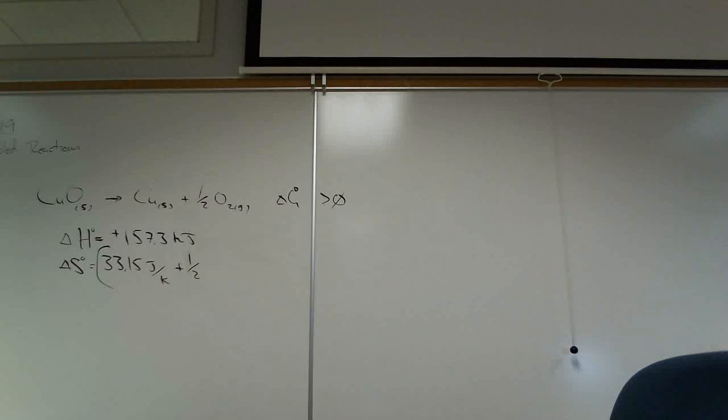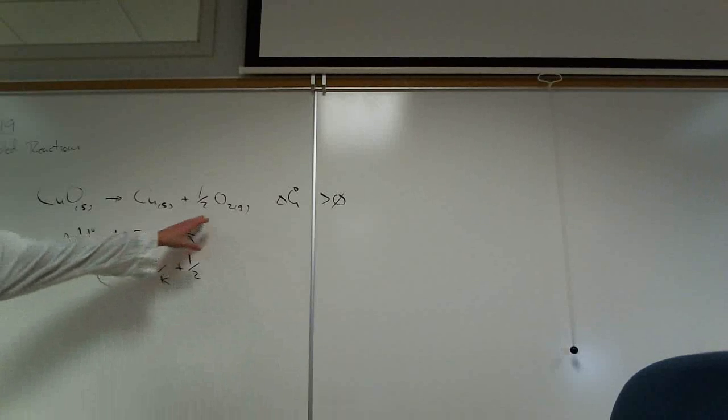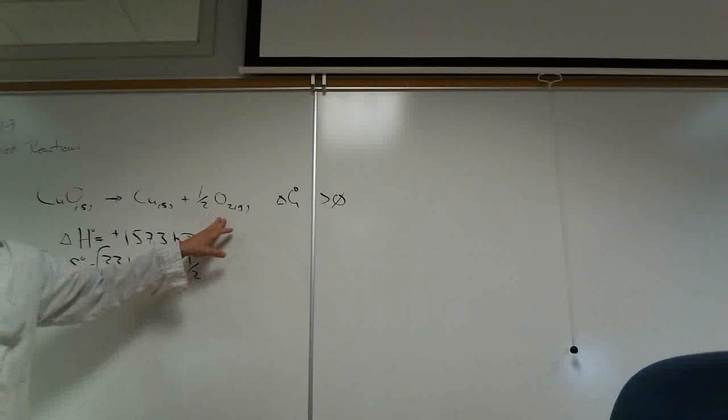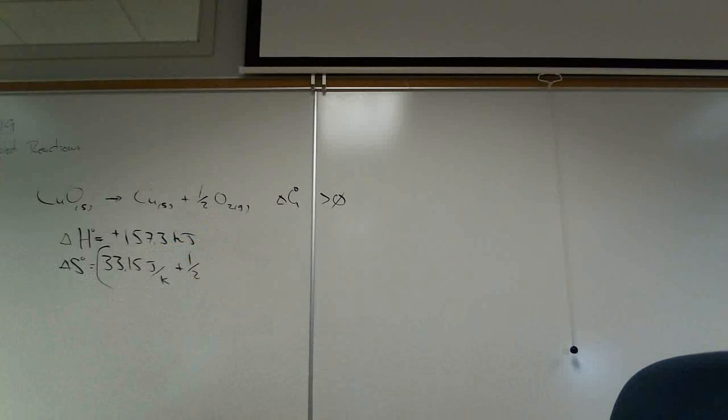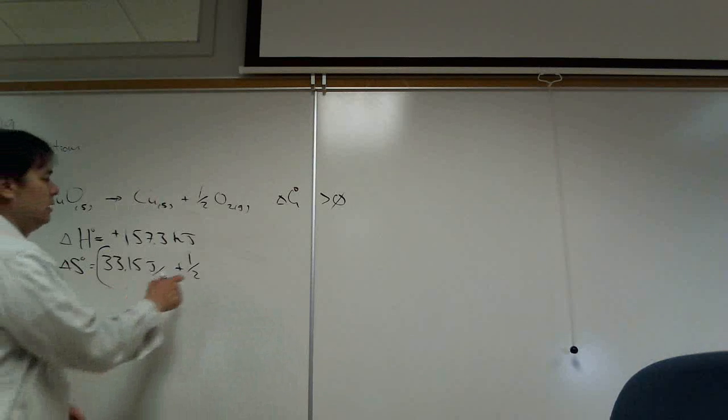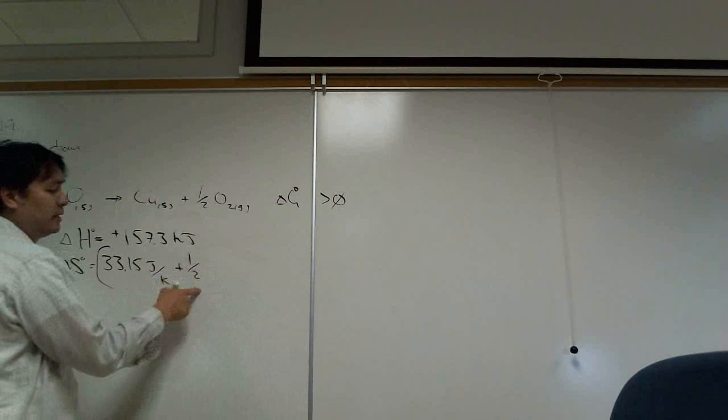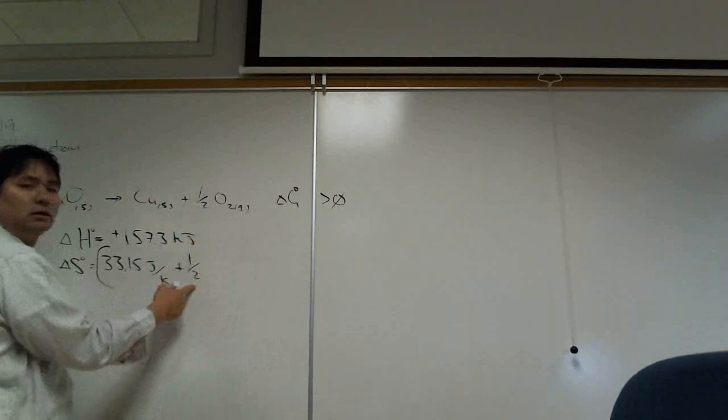And so when we have half a mole of gas at 12 1/4 liters versus 24 1/2 liters, there's a lot more positional entropy in 24 1/2 liters of gas, right? And then you've got a lot more particles as well. And so the positional entropy should be an extensive property. It depends on the amount. And then what was the entropy of O2?